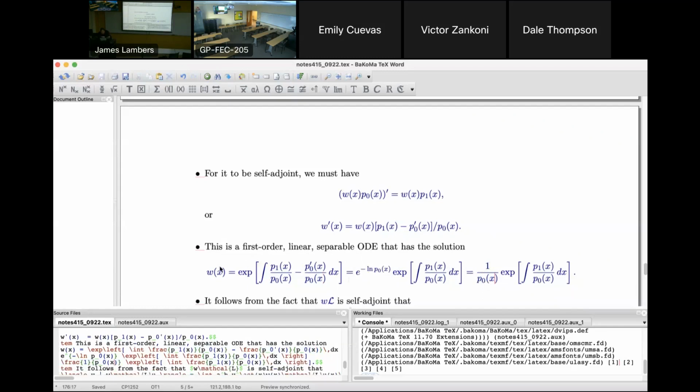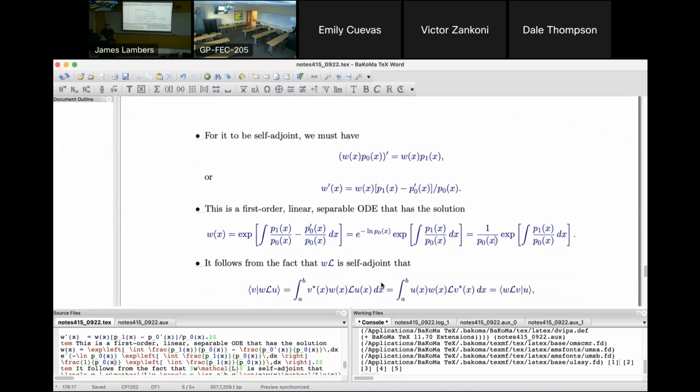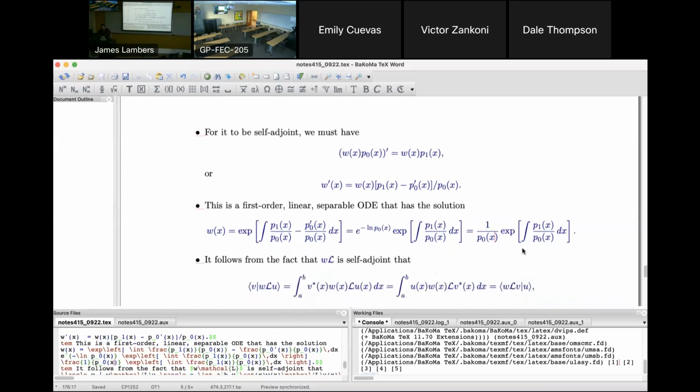So now I have my function w that I need to scale by in order to get a new operator wL that is self-adjoint. But let's take a look at what that means in terms of scalar products.